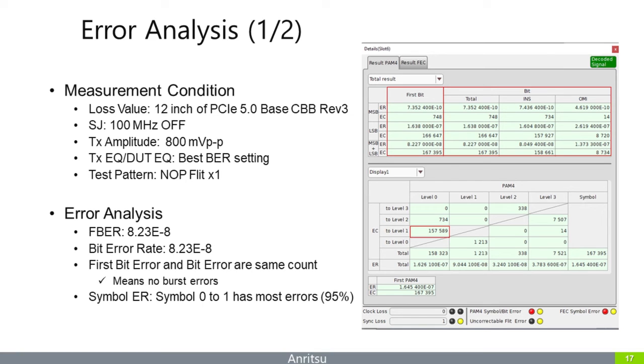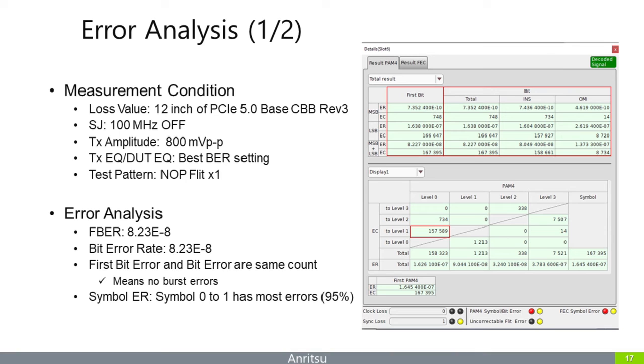And you can find the MSB error and LSB error. MSB error is almost 10 to the minus 10, and LSB error is 10 to the minus 7. This is a very typical condition or phenomenon. The MSB, most significant bit, goes to the middle eye.